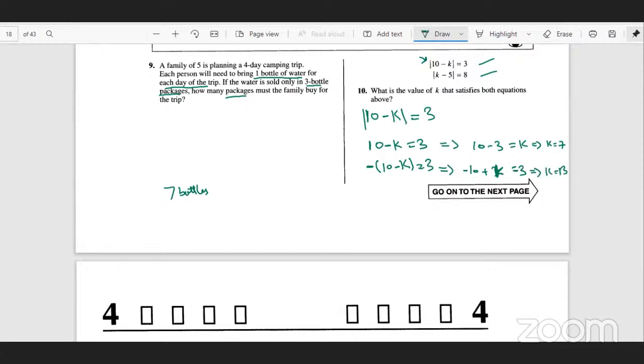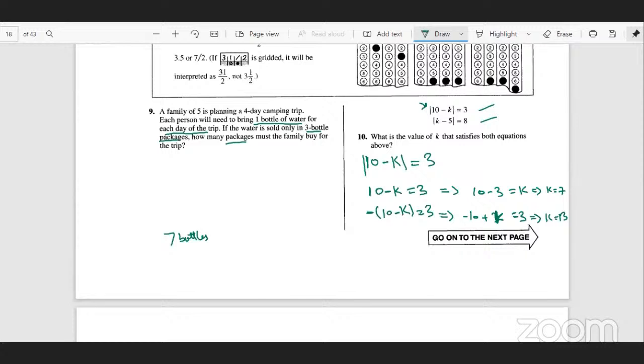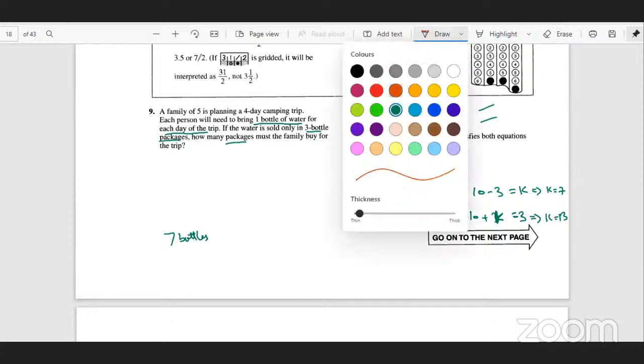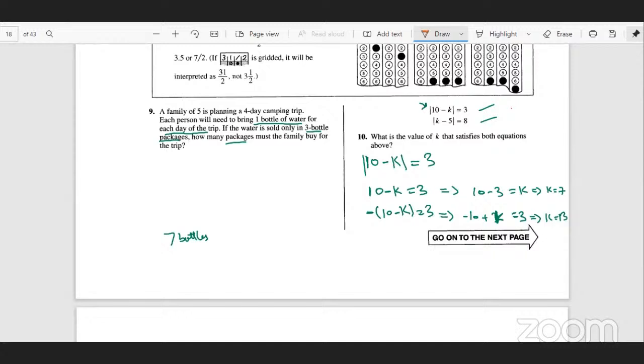Since I have just told you guys, whenever we have mod in any equation, things are not that straightforward. This one equation would be converted to this equation and this equation. So for one mod equation, you will get two corresponding equations without mod.